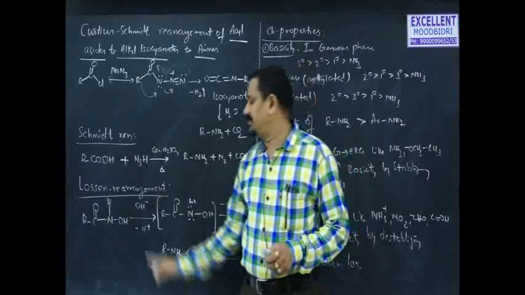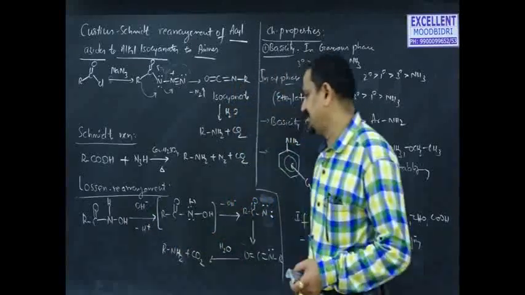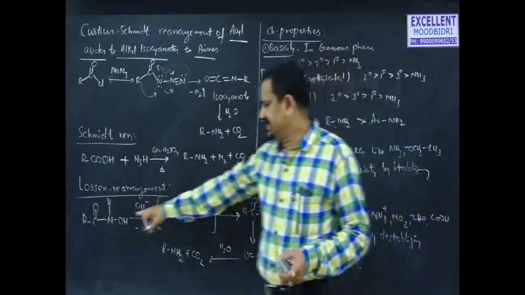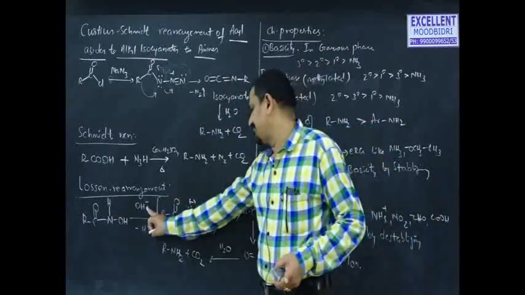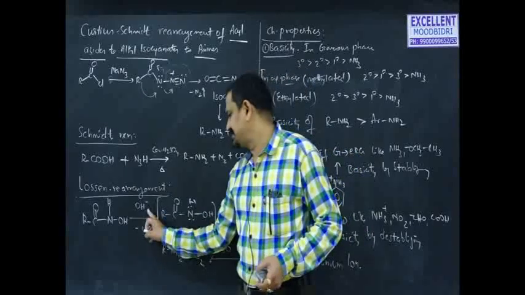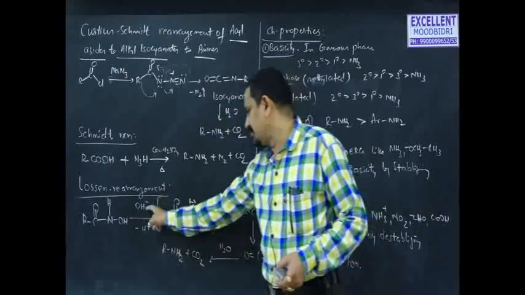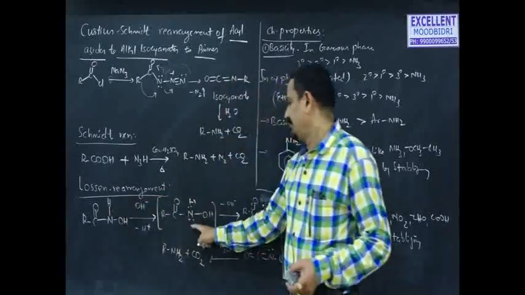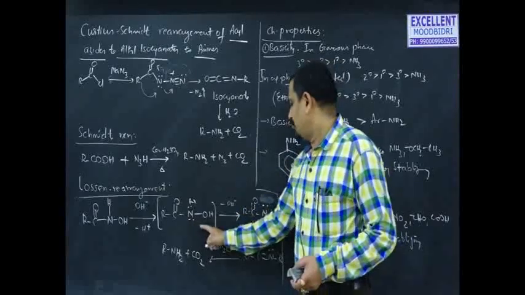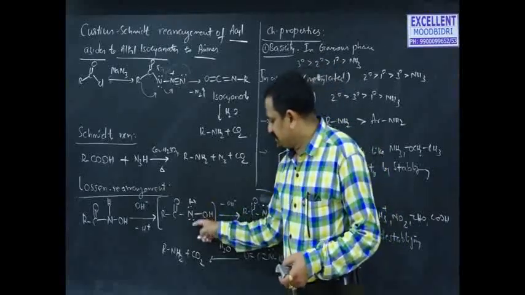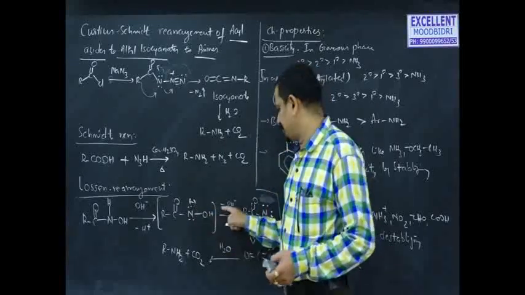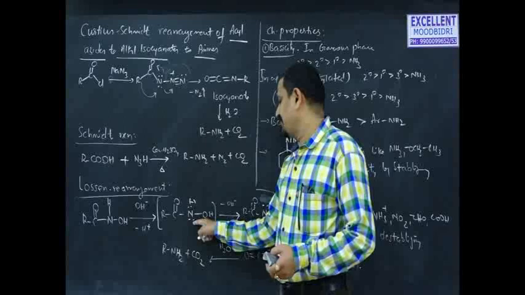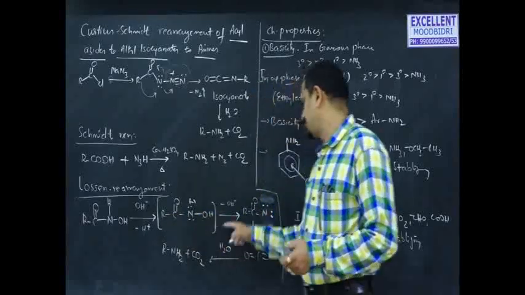Now, one more reaction is there, called the Lossen rearrangement. It involves a hydroxamic acid in the presence of a base. The job of the base is to remove this proton. Proton is removed. Now, what happens? Due to the presence of more electron density on nitrogen, this OH acts as a good leaving group and leaves the site. Whenever electron deficiency is generated, again the alkyl group is shifted.